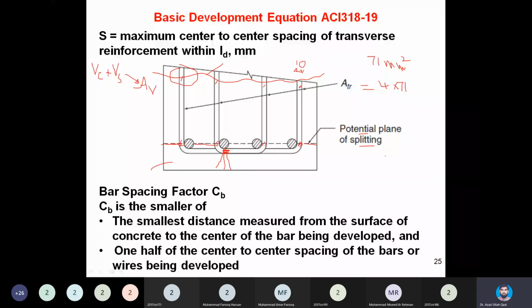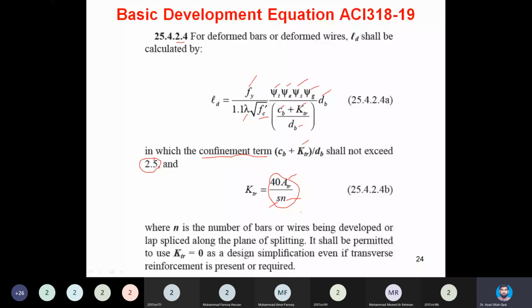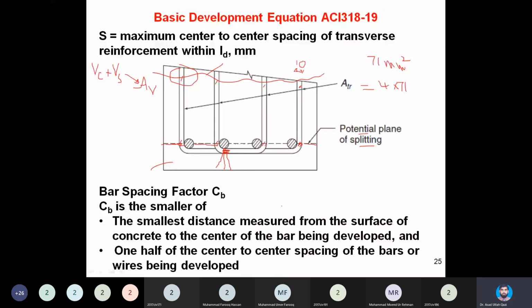In addition to this ATR, in the denominator, as I said earlier, S is the spacing. So it means if you have done the shear design, you also will be knowing how much is the spacing of the tie. As I said, in ACI, the recommendation is that you must have a spacing of the tie not wider than half of the effective depth.